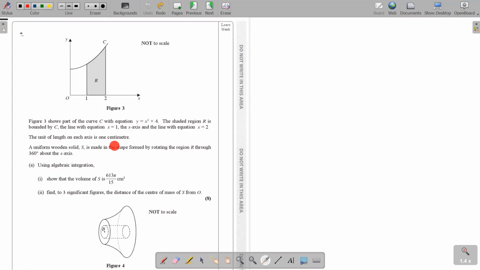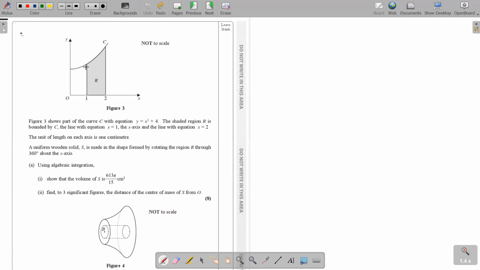A uniform wooden solid S is made in the shape formed by rotating the region R through 360 degrees above the x-axis. So if you rotate the region R 360 degrees around the x-axis, you are going to create a 3D solid. Do you agree with me?